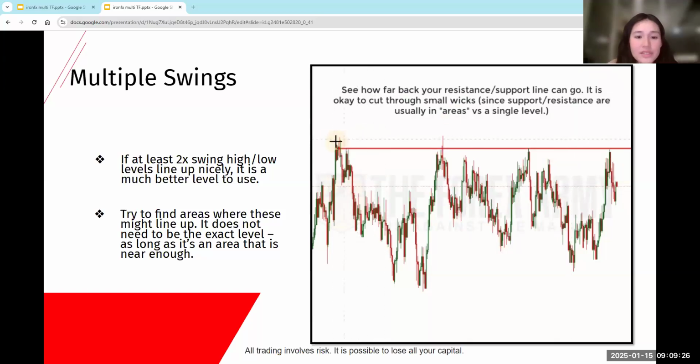So a good habit is to try and see how far back your resistance or your support line can go. It's okay to cut through small wicks since these are typically considered areas instead of specific levels, like we see in this GIF here.